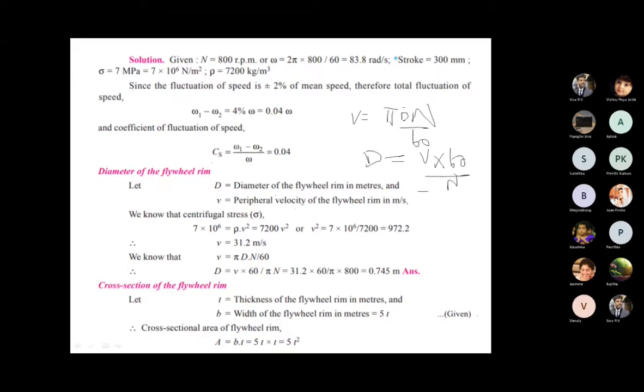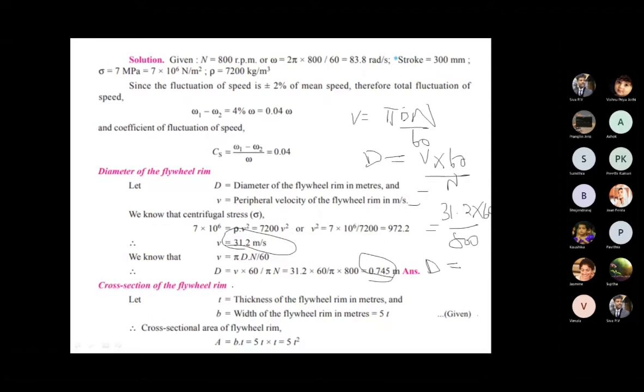The v value we already found is 31.2 meter per second, so 31.2 into 60 divided by the n value 800. After simplifying, we get d equal to 0.745 meter.